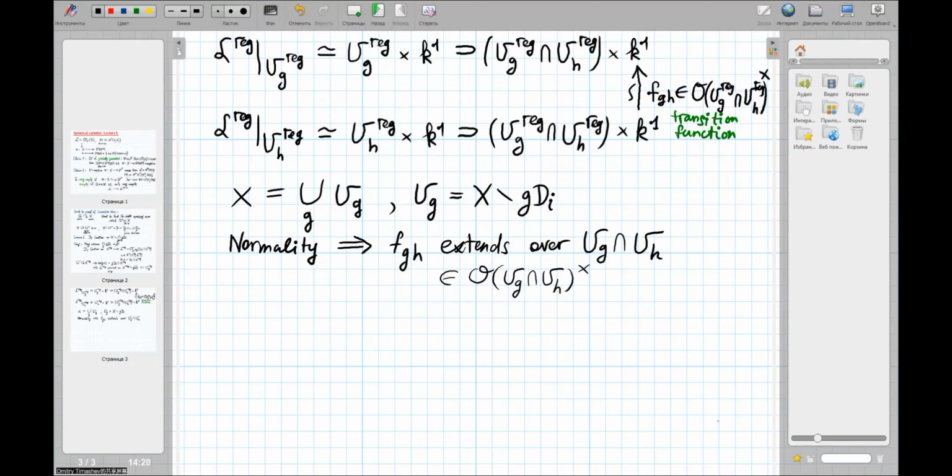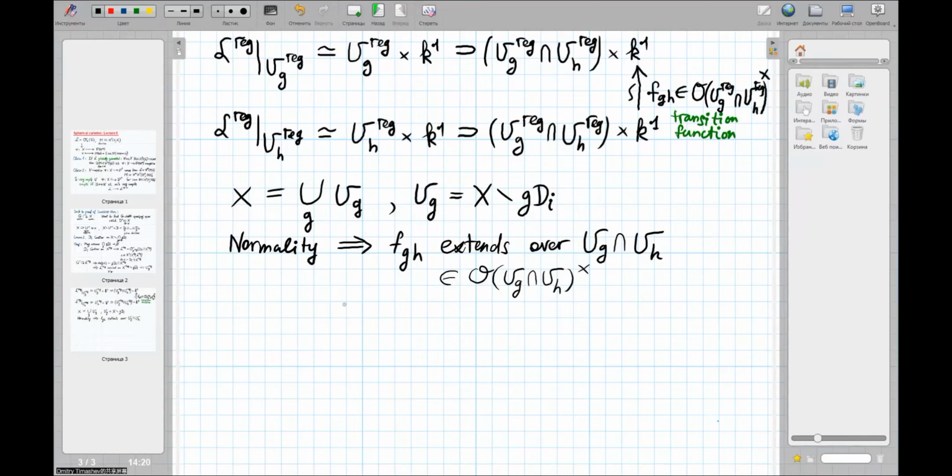So you may consider trivial line bundles on these open subsets U sub j over all j, U sub g over all g, and you glue together these trivial line bundles on these open covering subsets by means of these transition functions. So these transition functions allow us to glue trivial bundles over this cover.